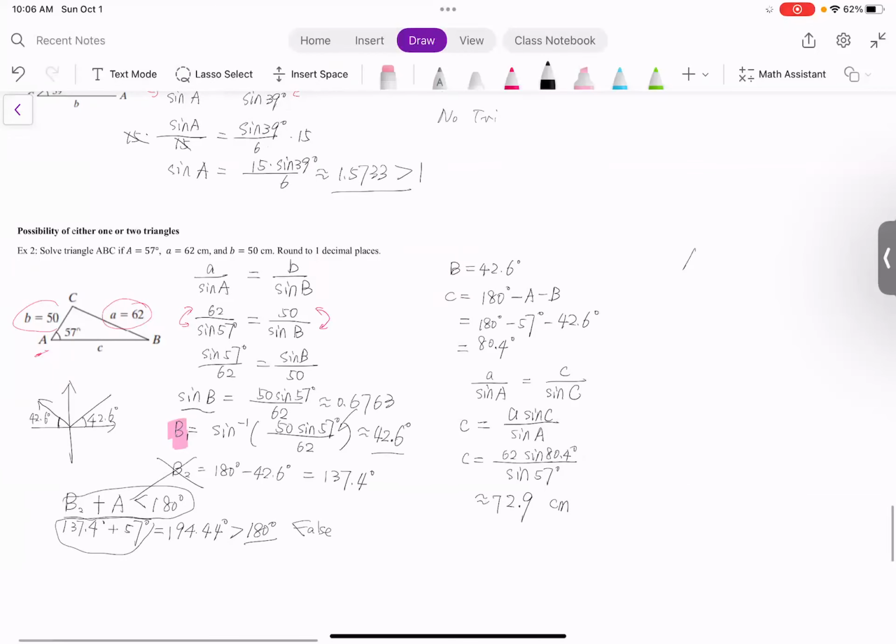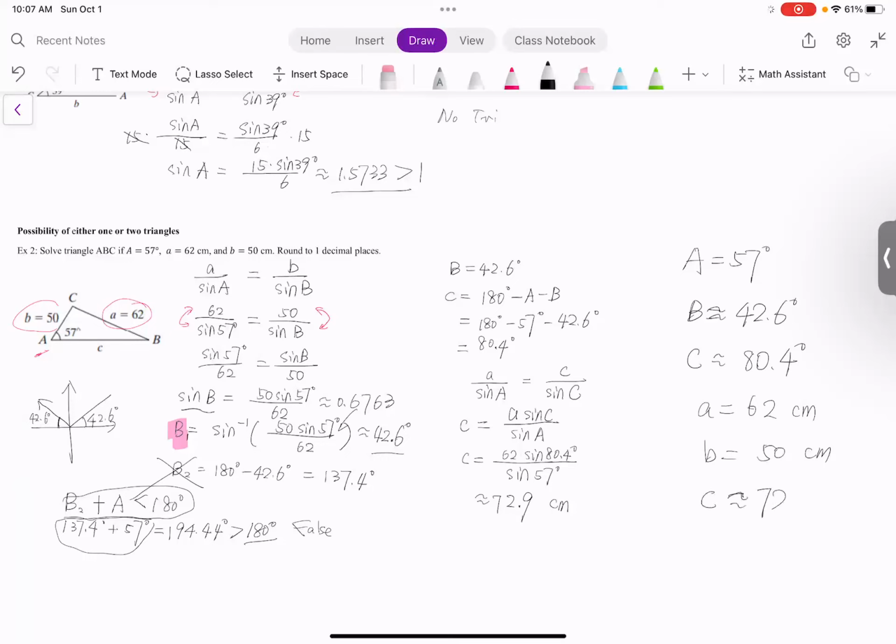So I found all the solutions. I have A equals 57 degrees, B equals 42.6 degrees, C equals 80.4 degrees, and a equals 62 centimeters, b equals 50 centimeters, and c equals 72.9 centimeters.